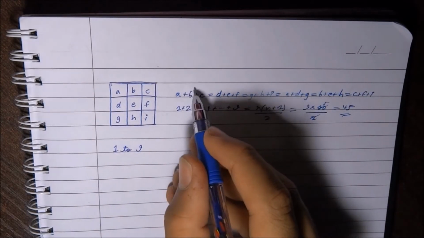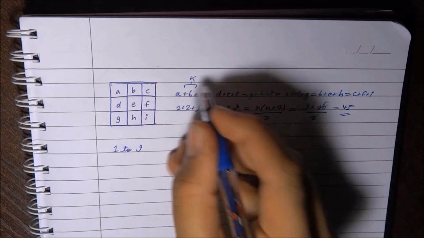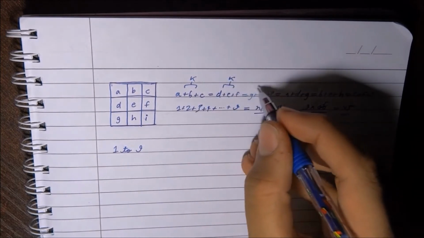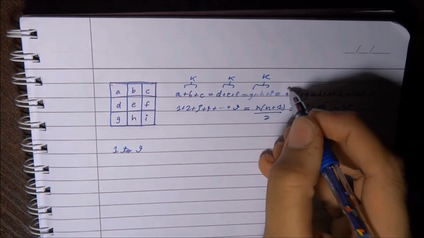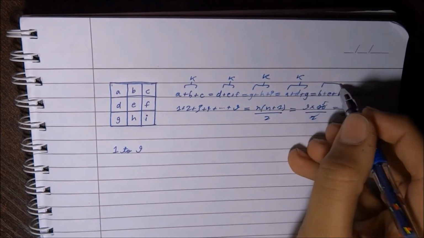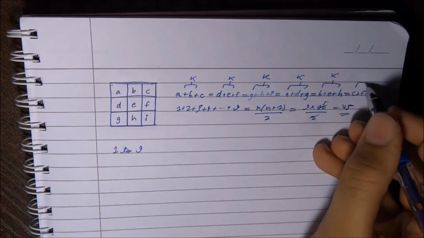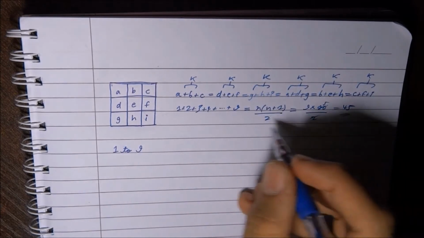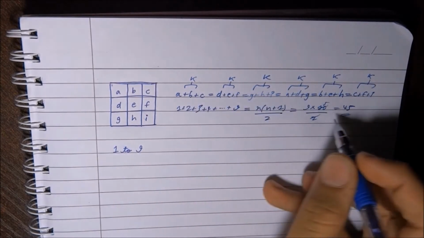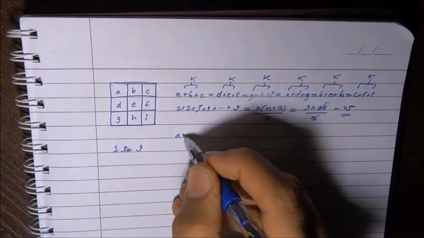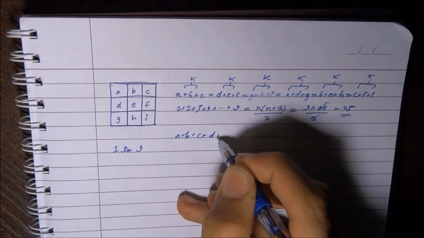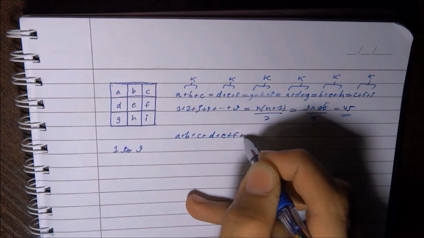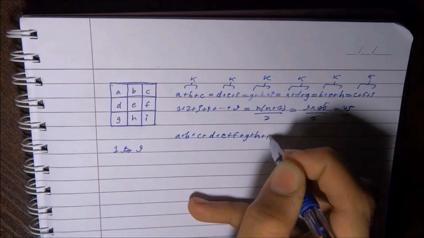So now if we take all these sums as k, because they're all equal, then we know that the whole thing is a plus b plus c plus d plus e plus f plus g plus h plus i.